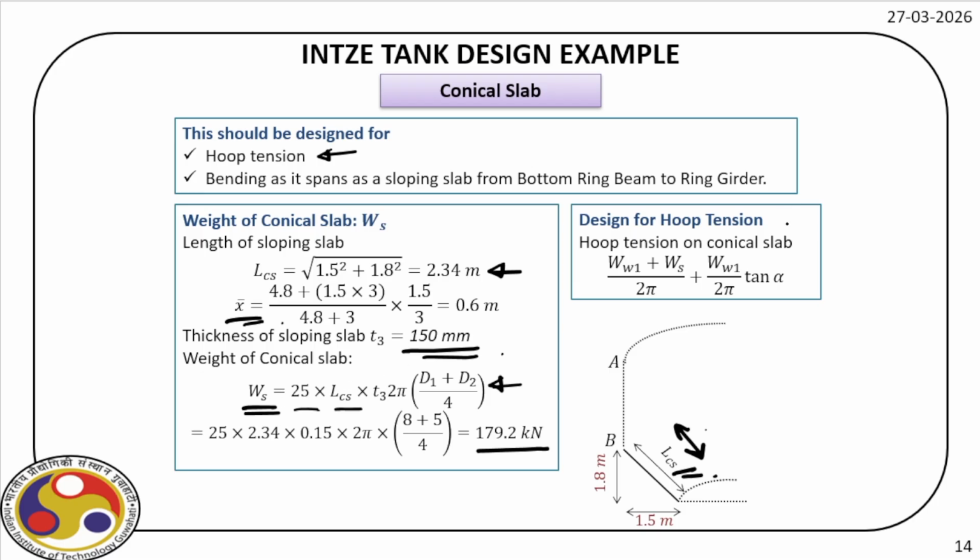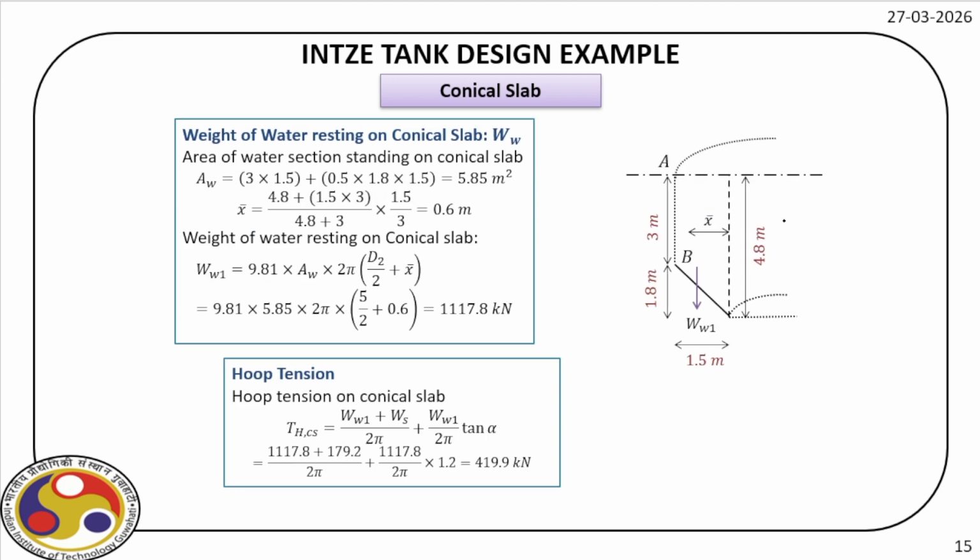So we have to design against hoop tension. Hoop tension on the conical slab is given by this expression, and that we are going to find in a minute. So what we have is the weight of the water on the conical slab. Weight of the water, again we can find out from the geometry, and as you can see here, the total weight on the conical slab due to water is 1117.8 kilonewton.